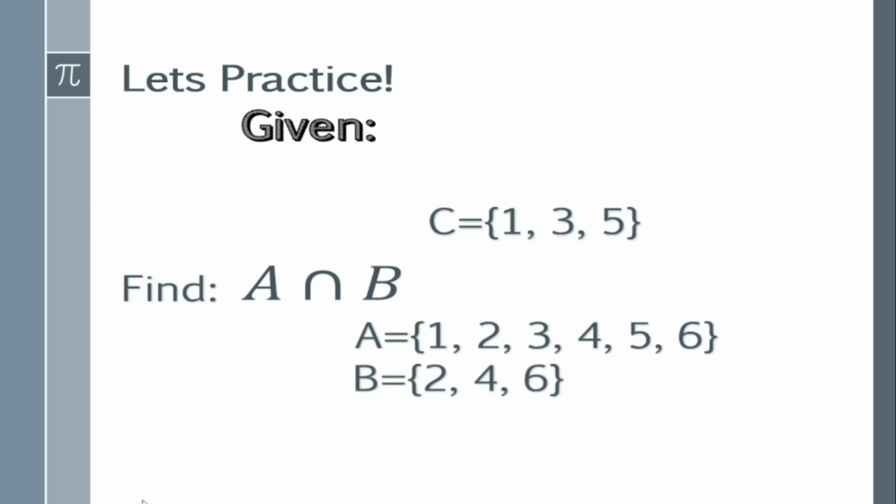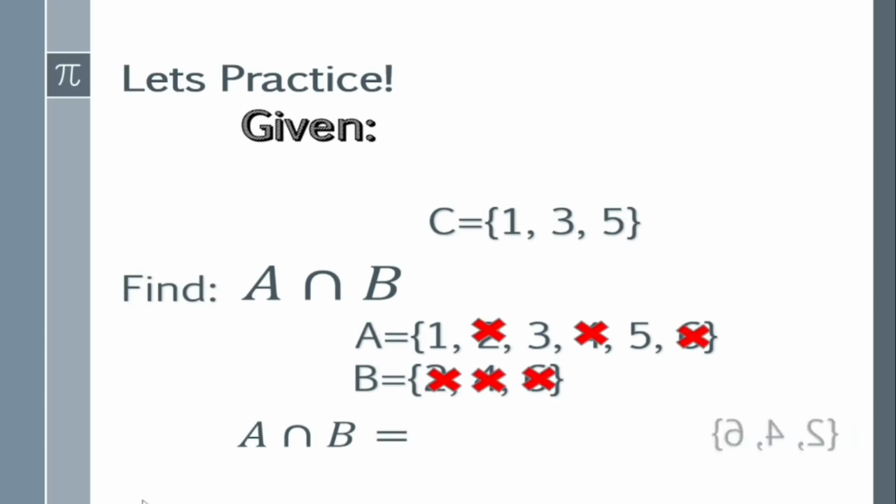And for set B, we have 2, 4, 6. If we're going to get the intersection between these two sets, then our answer will be the common element. And those are 2, 4, and 6. So therefore, A intersection B is equal to 2, 4, and 6.